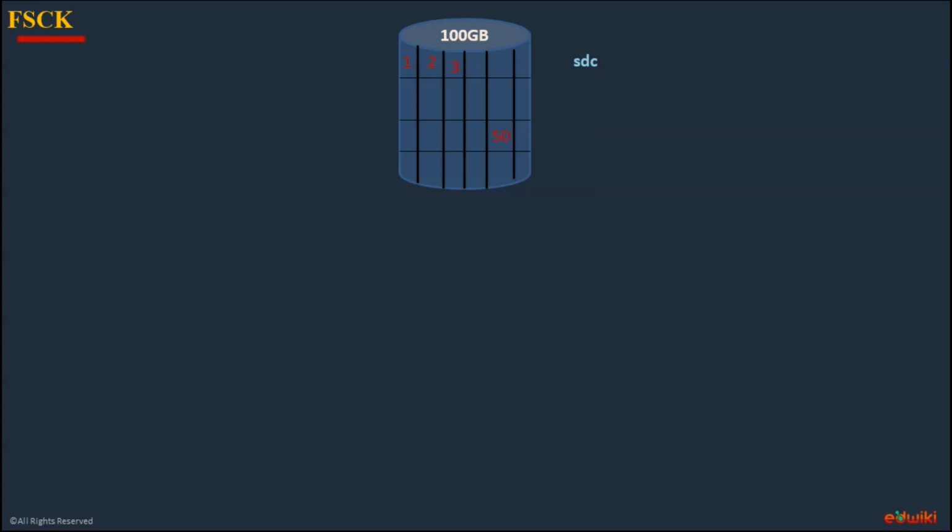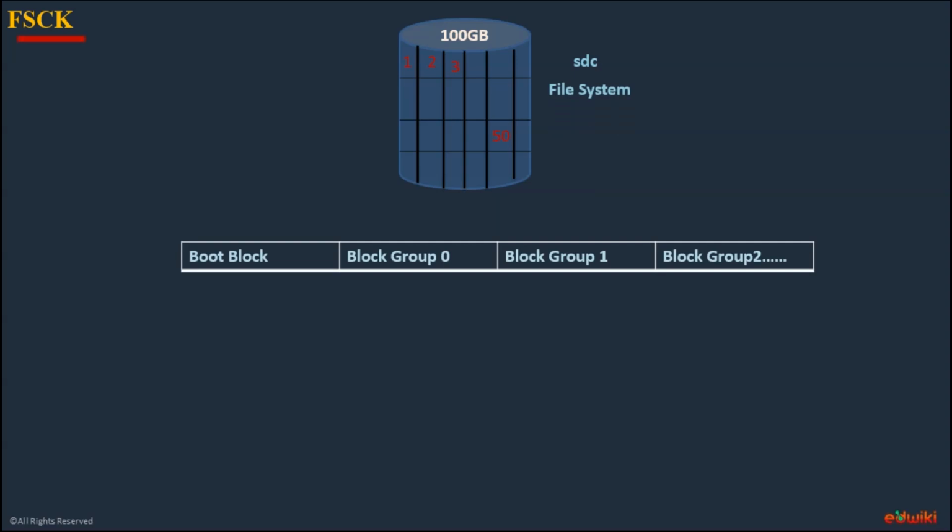So when the volume is divided into blocks, sometime back we have seen that the blocks are added as block groups as well. Let's say each group may have some number of blocks, maybe 100 blocks belong to block group 0, another 100 blocks belong to block group 1. That's how block groups also get divided.